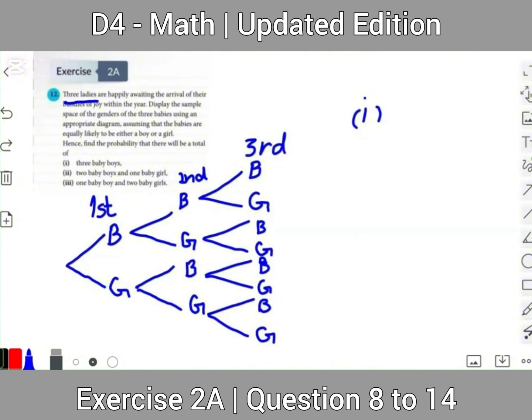So for the first lady, we have boy and girl, for the second lady, we have 4 possibilities, and for the third lady, we have 8 possibilities. So the number of elements in the sample space will be 8.